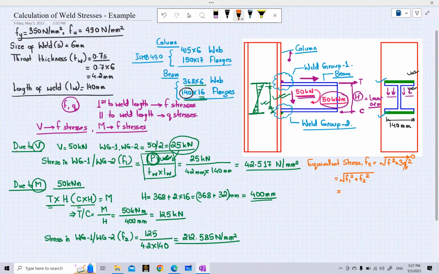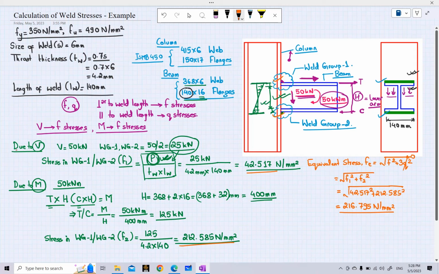So F1 we have 42.517 square plus F2 you have 212.585 square. You get the value of equivalent stress to be 216.795 Newton per millimeter square. So this is the equivalent stress acting in each weld, in both weld group 1 and weld group 2.